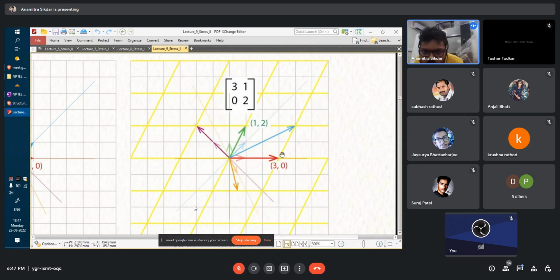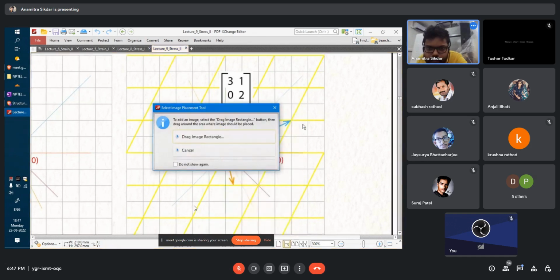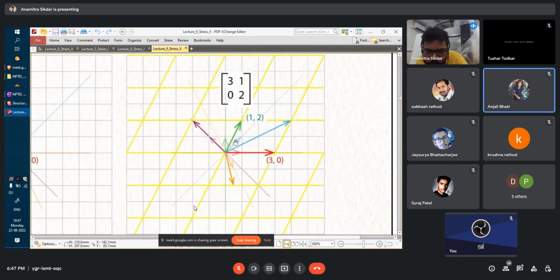This is the first point, right? So this point is now here. Are we getting this? Yes, sir. So if you see, this is not the same direction. It got rotated by some angle here.